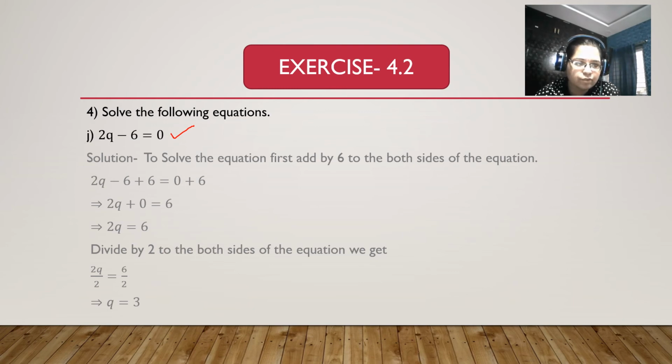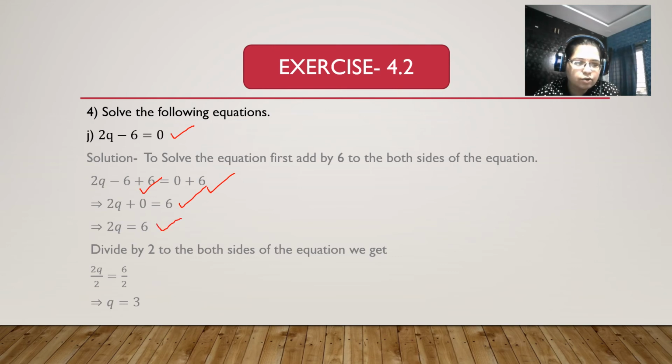Now the equation becomes 2q minus 6 plus 6 equals 0 plus 6. Minus 6 plus 6 is 0, so 2q plus 0 equals 6. So 2q equals 6.